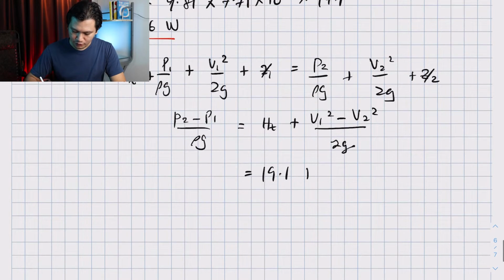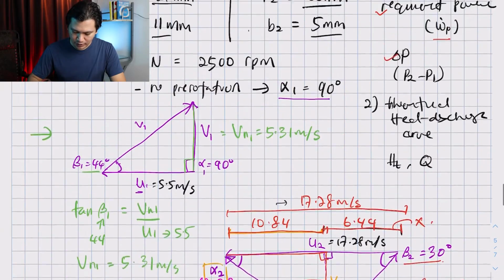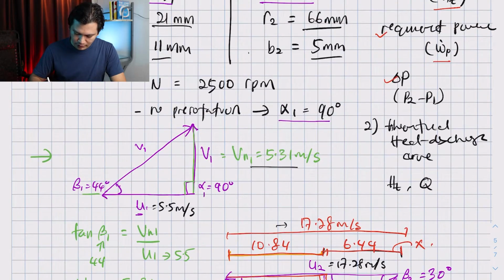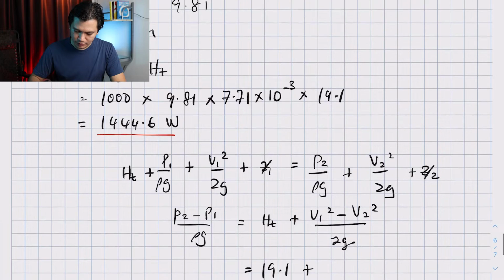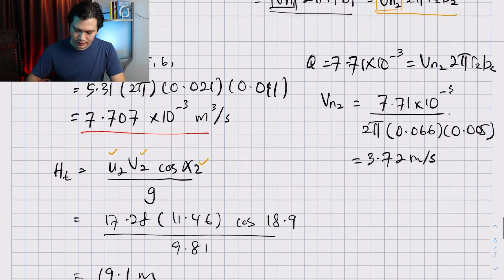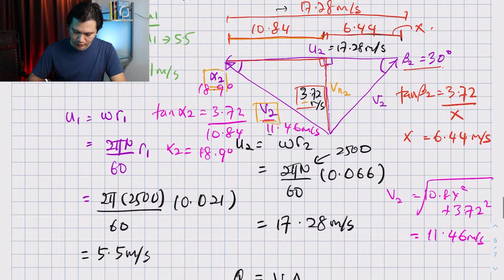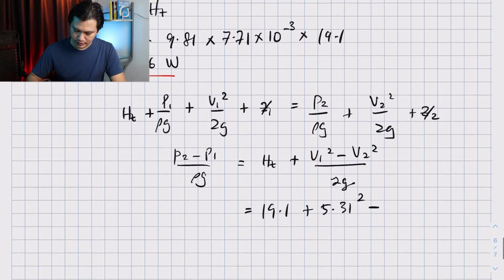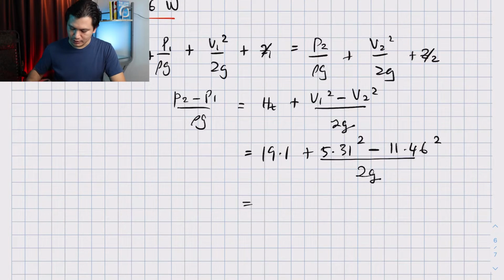That's right, 19.1 plus, what is our V1? Our V1 is Vn1, which is 5.31. This is 5.31 squared minus, and our V2 is 11.46, this is 11.46 squared over 2g.